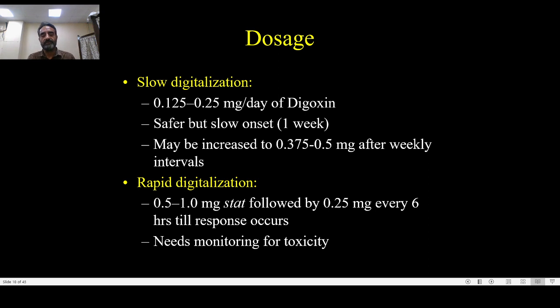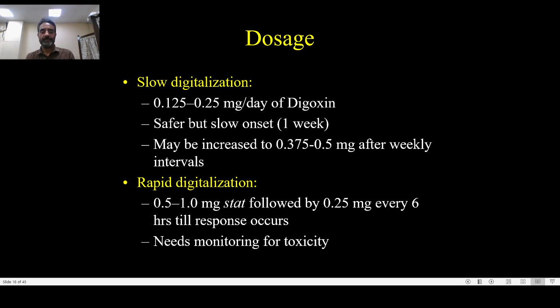Now, when coming to the dose of these drugs, there is slow digitalization and there is rapid digitalization. Slow digitalization: 0.125 to 0.25 milligram per day. This is safer but has a slow onset, almost a week for the onset of action.